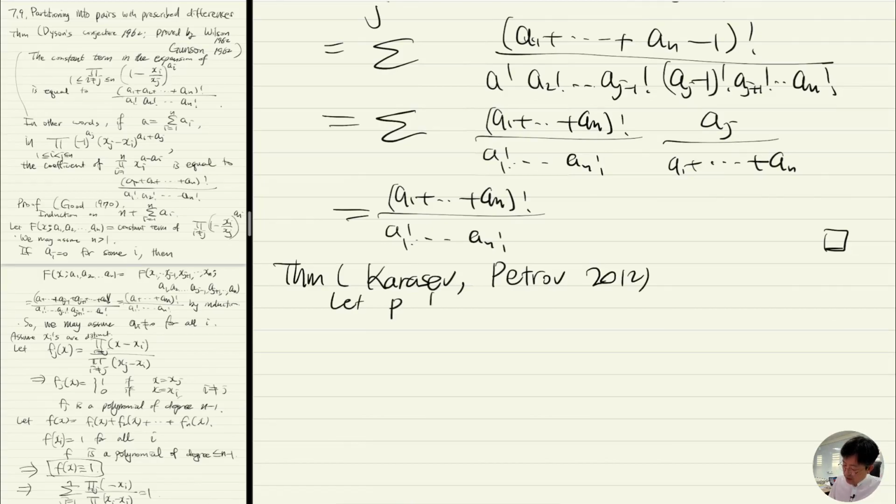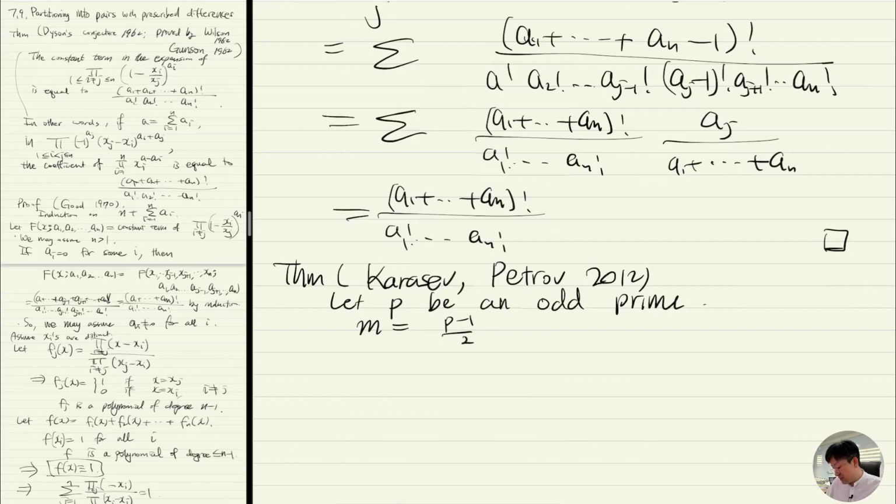Let p be an odd prime, so p minus 1 is even.